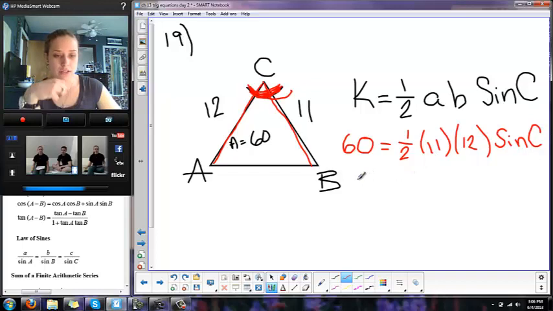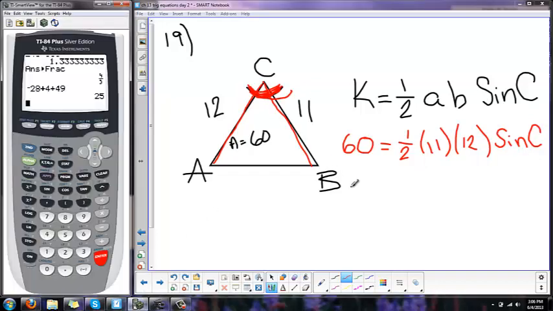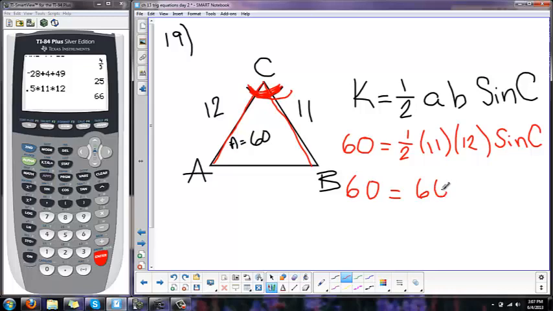So I can put all this into my calculator. So 60 is equal to, and then 1/2 times 11 times 12 is 66 sine of C. And I want to get sine of C by itself, so I'm going to divide both sides by 66.